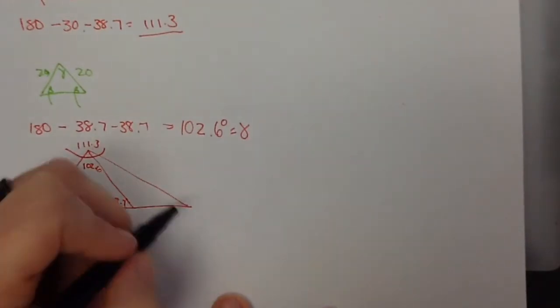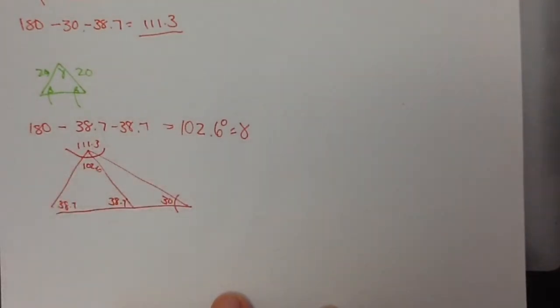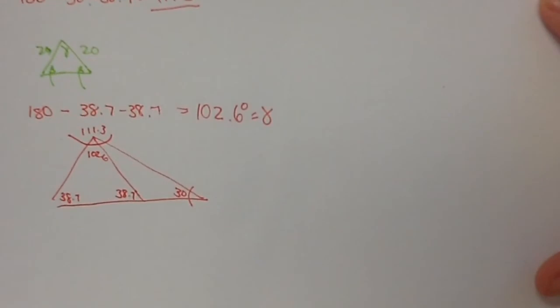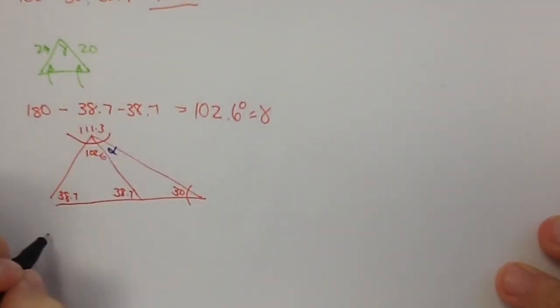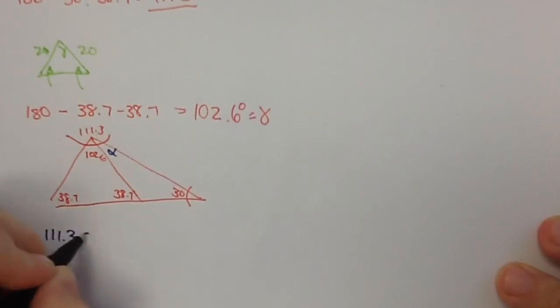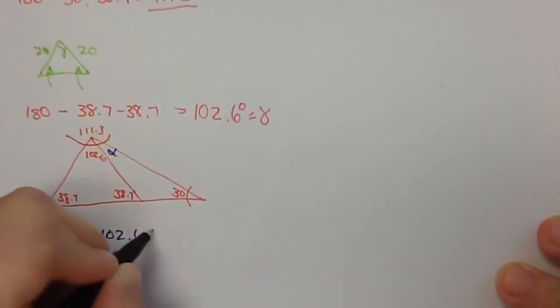And we know that this is 30. Okay, so we can figure out this angle alpha because 111.3 equals 102.6 plus alpha.